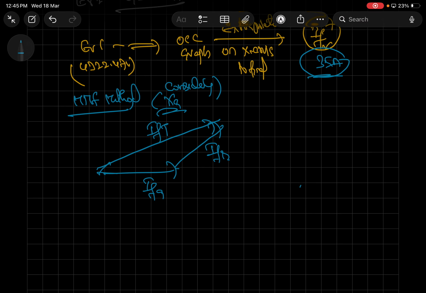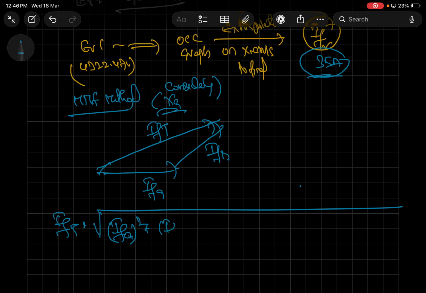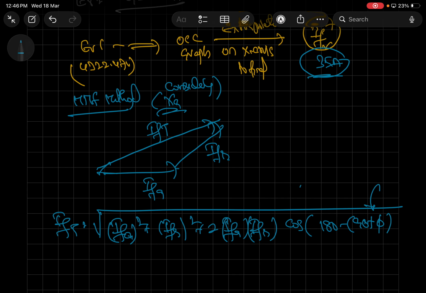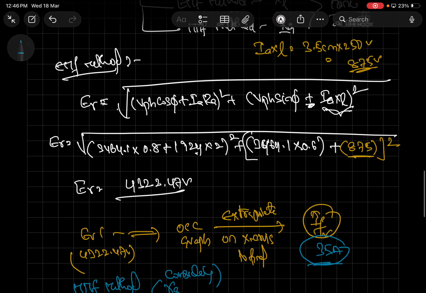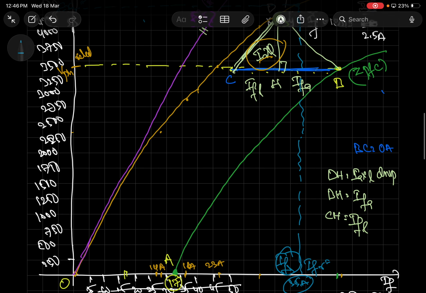The formula is IFT equal to the square root of IFA whole square plus IFR whole square plus 2 into IFA into IFR cos of (180 minus or plus psi). I am not using minus because it is just for the lagging load here. What is the IFA length here? We need to calculate it again from the graph.